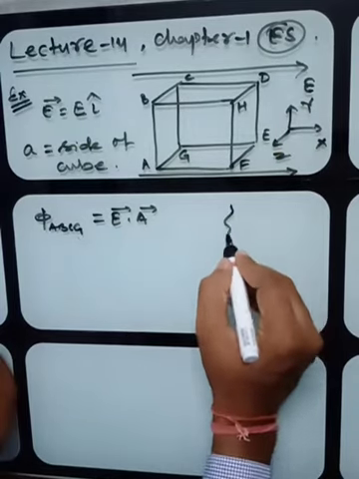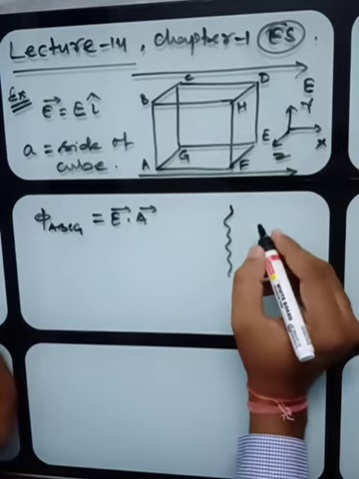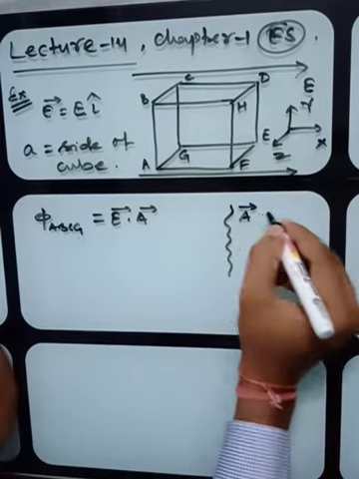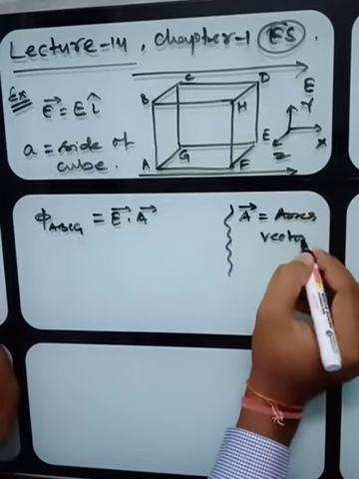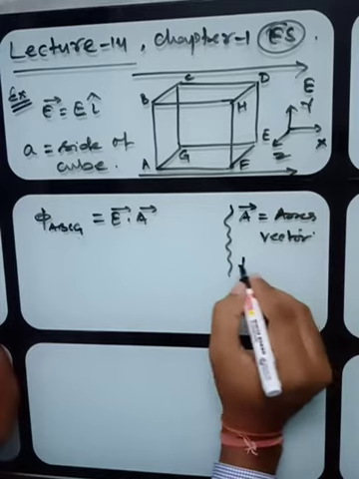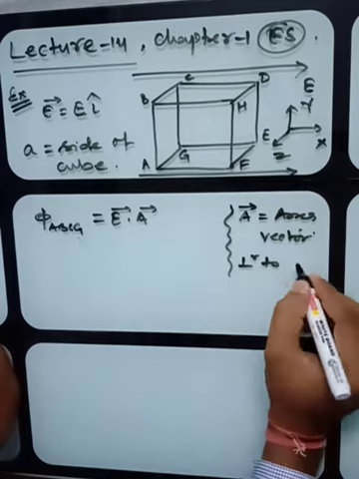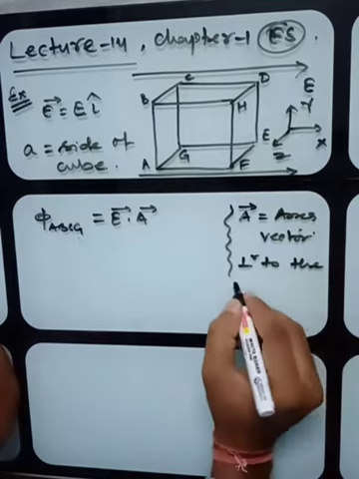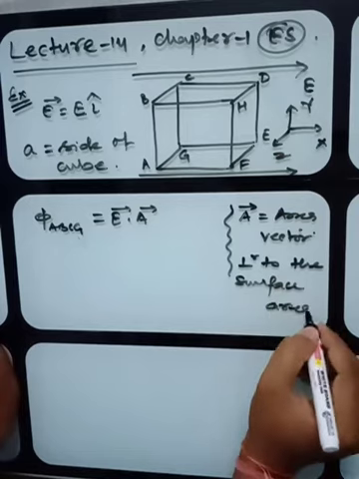I would like to recall the area vector, although you have studied it in standard 11th. This is the area vector. This must be perpendicular to the surface area.